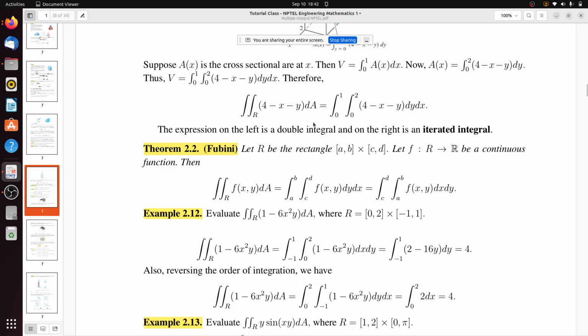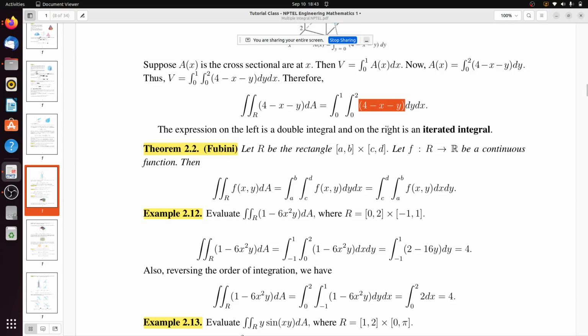Now see, this is 0 to 1, 0 to 2. In this rectangular region, this function is continuous. It is a simple linear function. Now what you will do, we will first integrate from 0 to 2 with respect to y.